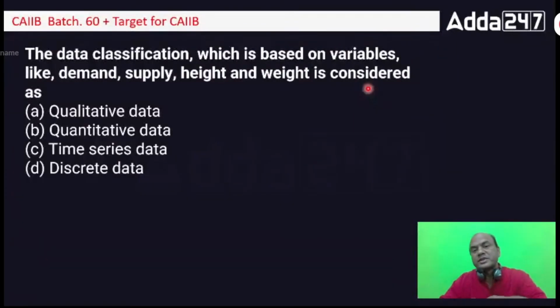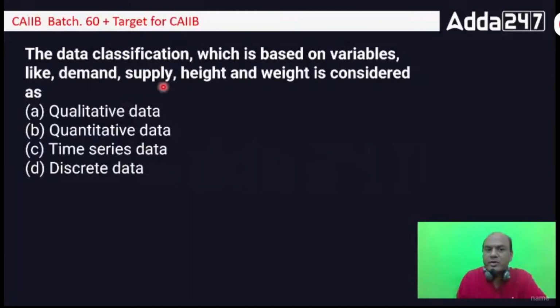The data classification which is based on variables like demand, supply, height, weight is considered as qualitative data, quantitative data, time series data and discrete data. So now look at this. Demand, supply, height, weight. Now you tell me demand. You have number for this. The demand for my product is 60,000.